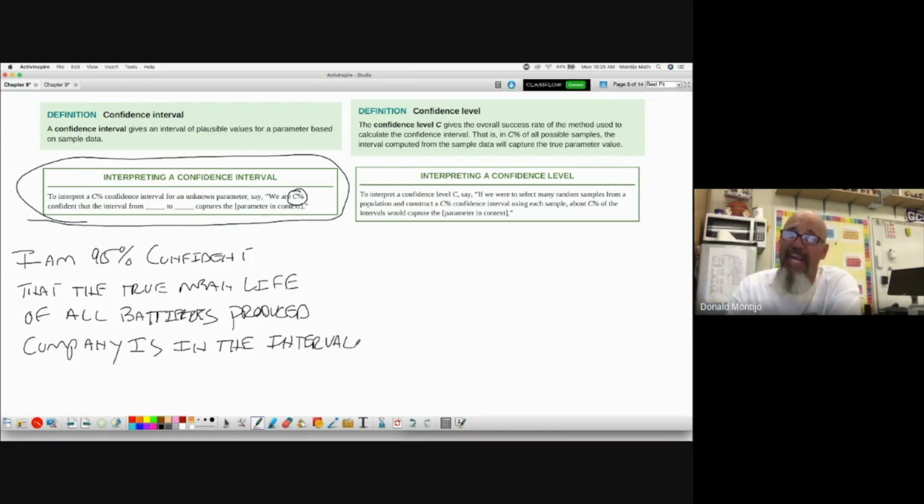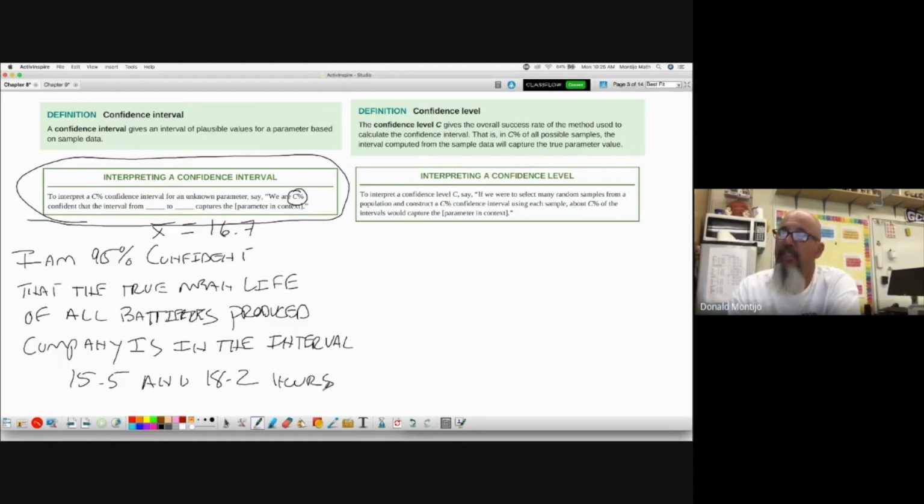Remember, our point estimator was 16.7. We found for that battery problem that x bar equaled approximately 16.7 hours with a standard deviation of approximately 0.66 hours. So we would say I am 95% confident the true mean life of all batteries produced by this company is somewhere between 15.5 and 18.2 hours.